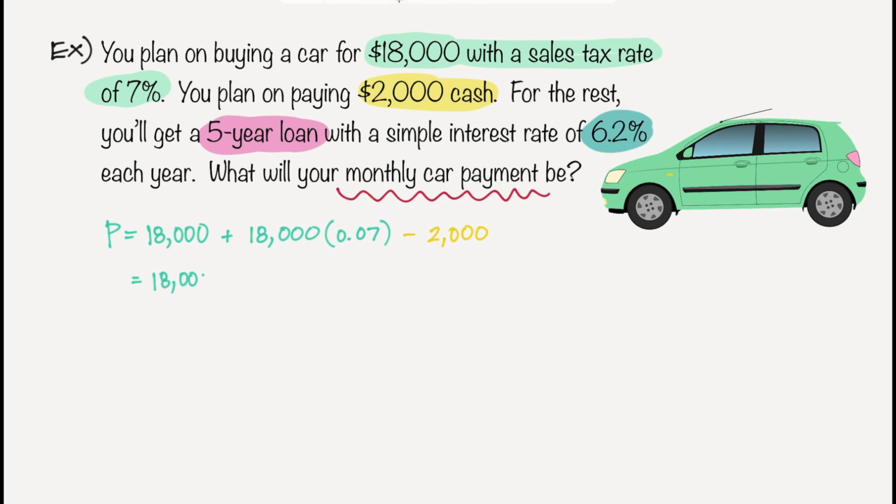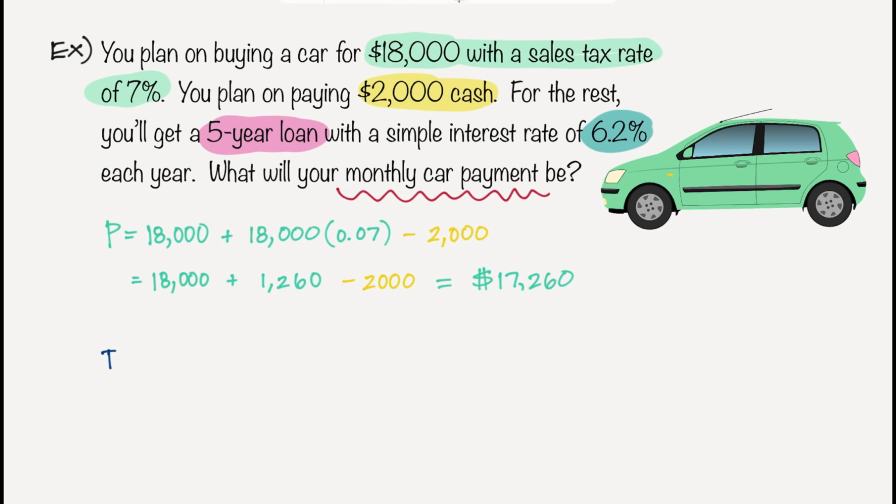So I have $18,000 plus, when I found that tax, it was $1,260, and then again, I'm going to take away that $2,000. So really, the principal on this loan that I'm going to ask for is going to be a total of $17,260.